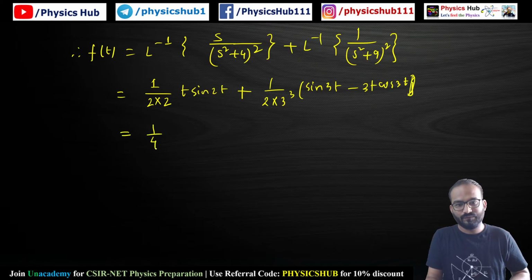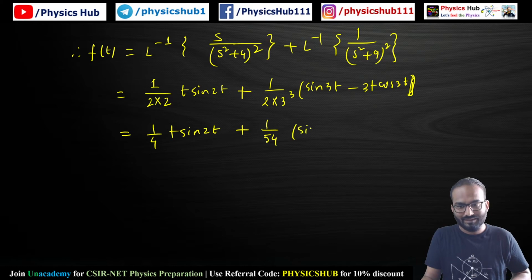So this will become 1 by 4 t sin 2t plus 1 by 54 sin 3t minus 3t cos 3t.